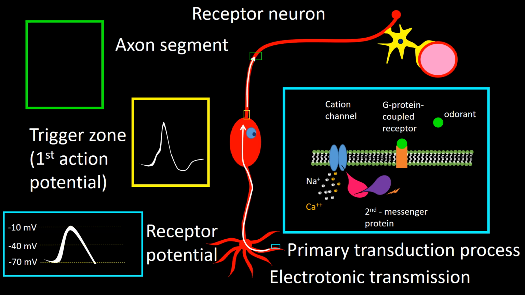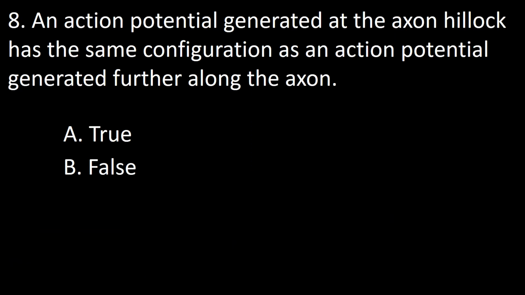The current produced by this action potential is then transmitted electrotonically from one contiguous axon segment to the next, bringing the distal segment to threshold, thus triggering an advancing action potential. The action potential captured by the needle does not have a hump, as you can see here. So the answer to this question is B.